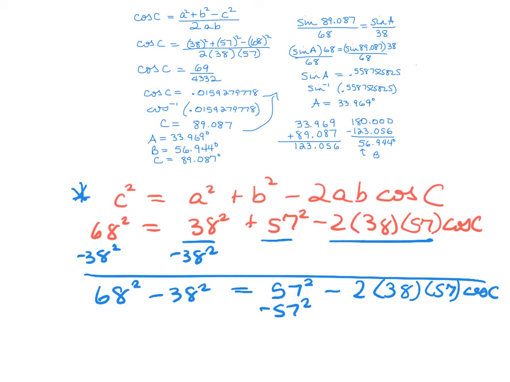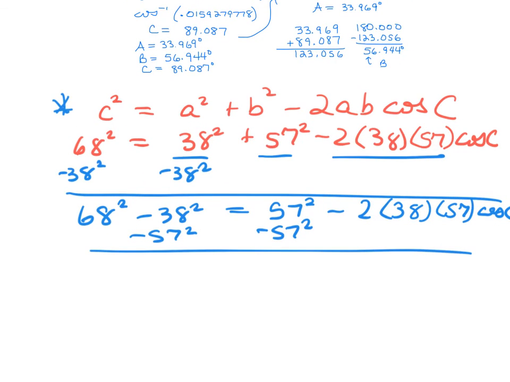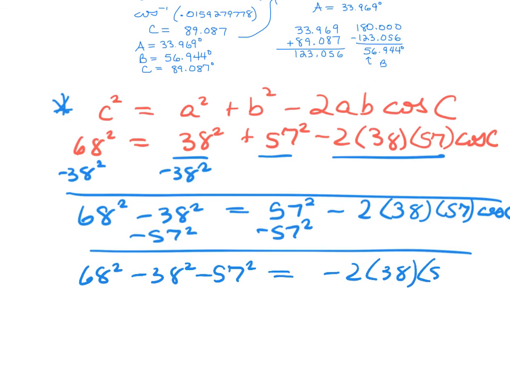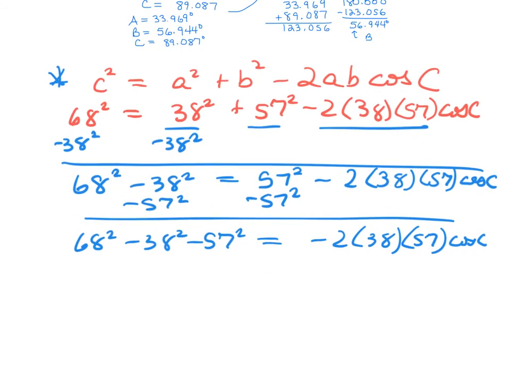Now I'm going to move the 57 squared, and I get 68 squared minus 38 squared minus 57 squared equals this. And now I need to multiply these three and then divide both sides by that.